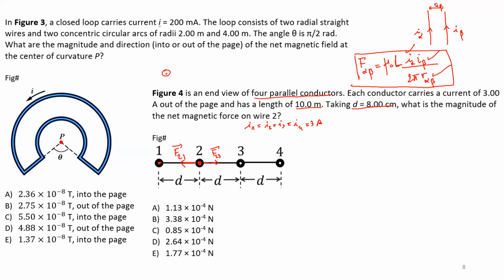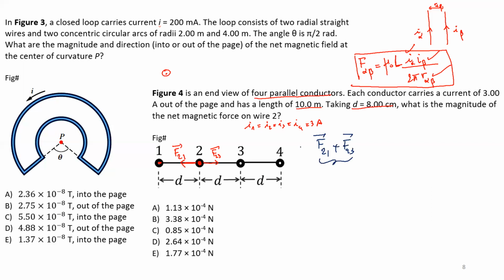Finally, the last one will be F on 2 by 4. So it will be also another force, right? Let me erase this. Let me use another pen, another color. Of course, these 2 are equal and opposite to each other: F21 plus F23 vectors is equal to 0.